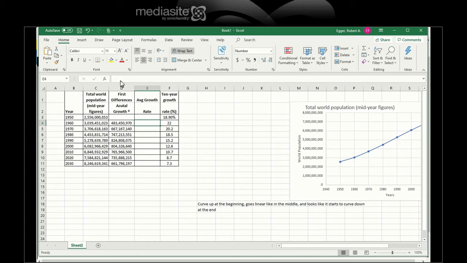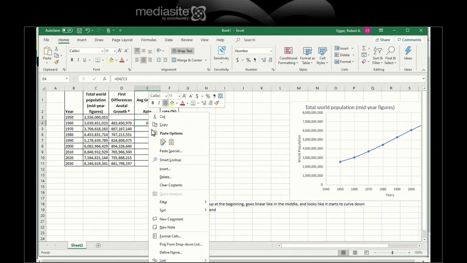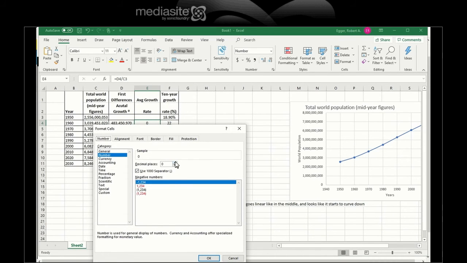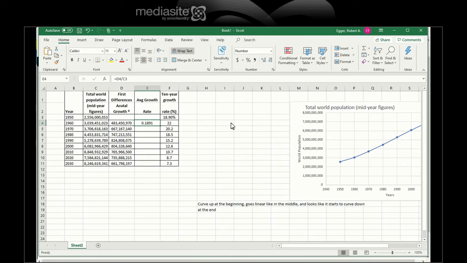Again, what is 483 million divided by this guy? He thinks it is the cell format. Yeah. There you go. All right. 18.91.